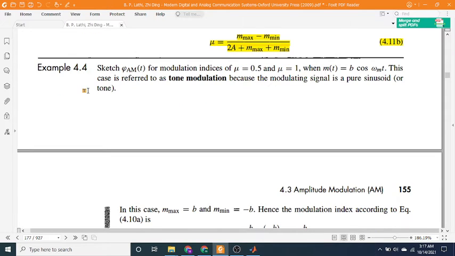Example 4.4: Sketch φ_AM(t) for modulation indices of μ = 0.5 and μ = 1 when m(t) = b cos ω_m t. This case is referred to as tone modulation because the modulating signal is a pure sinusoid, or tone, Figure 4.9.